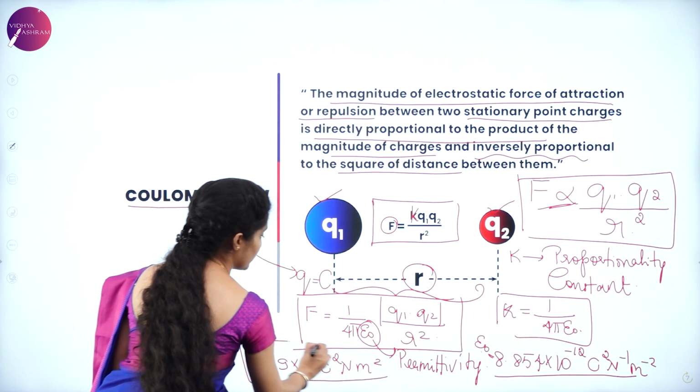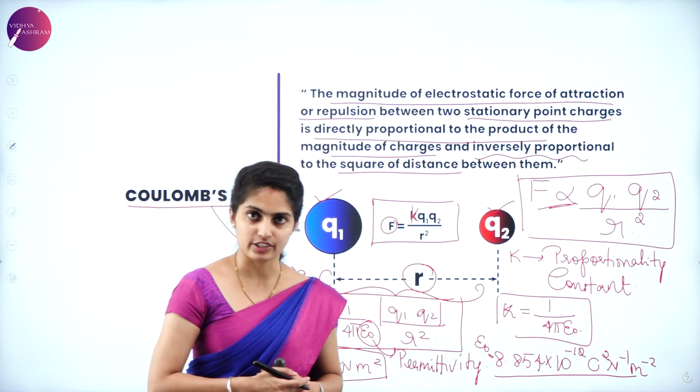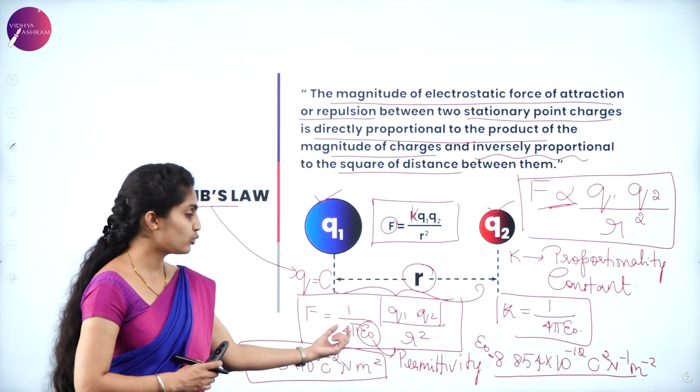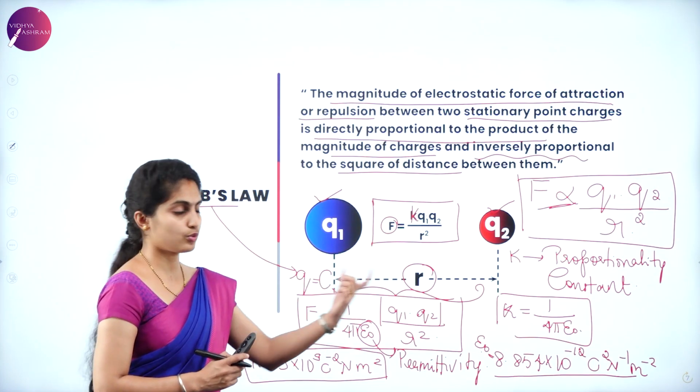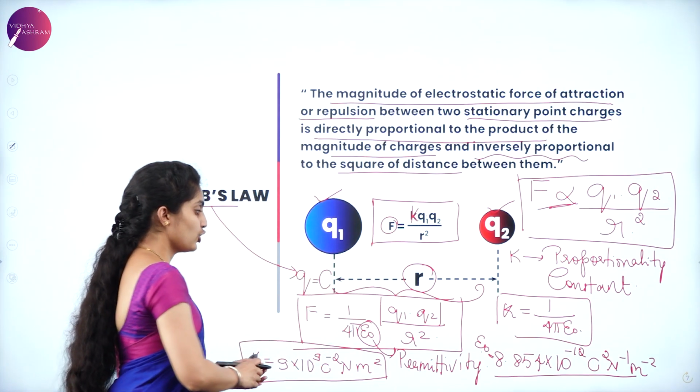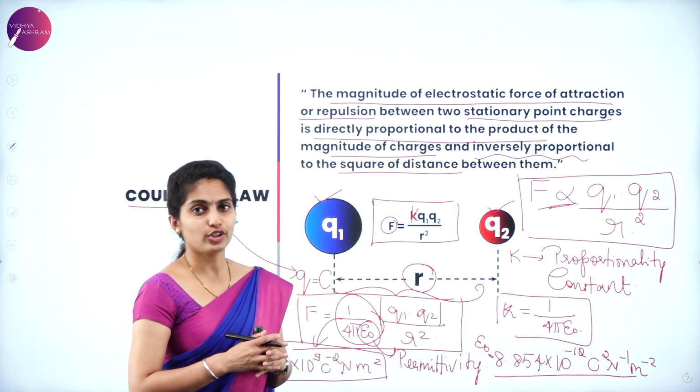This is the value of K, the proportionality constant. When you know 4 pi and the permittivity value 8.854, you get this as the whole value.